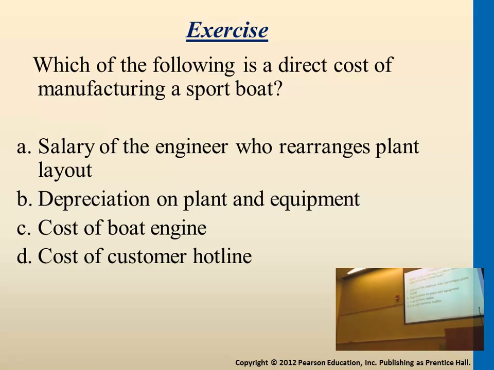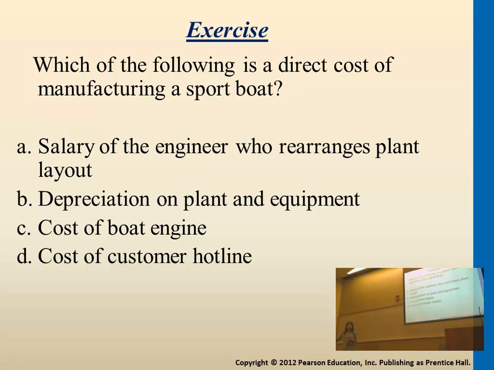Which of the following is the direct cost of manufacturing a sport boat? See, cost of the boat engine. You can actually see this as a part of the product. So what's wrong with the others? Customer hotline, we're on the service side, the customer representative.